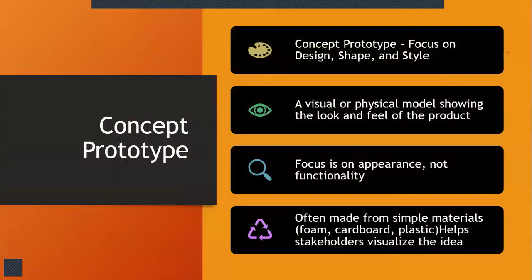So first, we'll go with the concept prototype. I have already mentioned it's basically focusing on the shape, design, and the style, but not the functionality. Very important. For example, let's say you have a car manufacturing company.